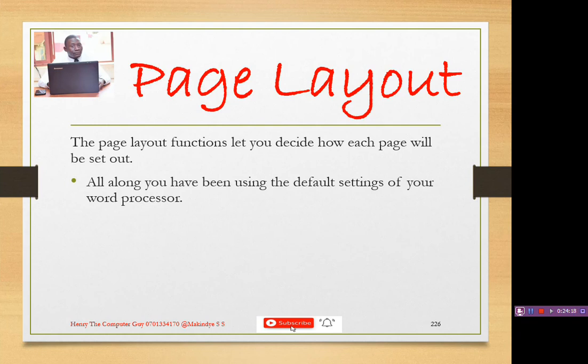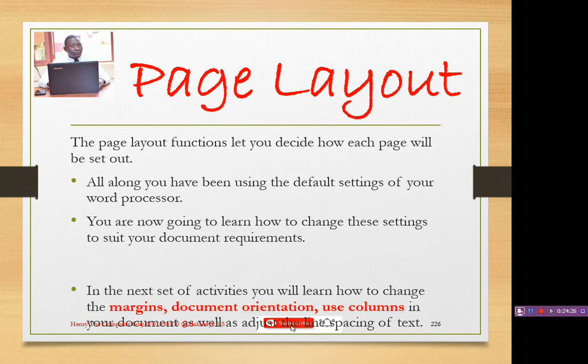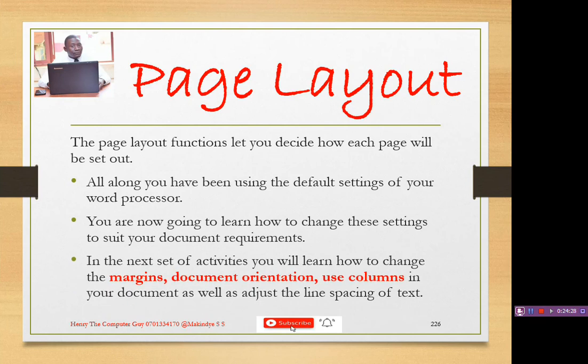You are now going to learn how to change these settings to suit your document requirements. In the next set of activities, you will learn how to change the margins, document orientation, use of the columns in your document, as well as adjust the line spacing of the text. Are we together?